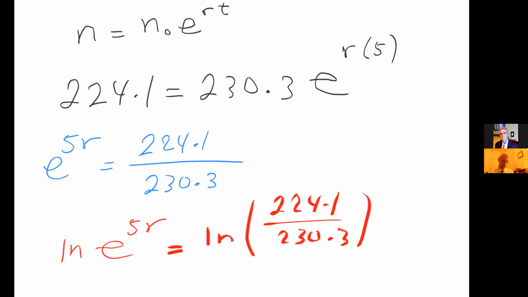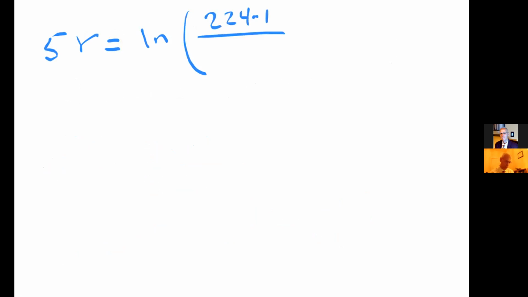And of course, here I will get, let me go to the next page. And so I will get 5r equals natural log of 224.1 divided by 230.3.